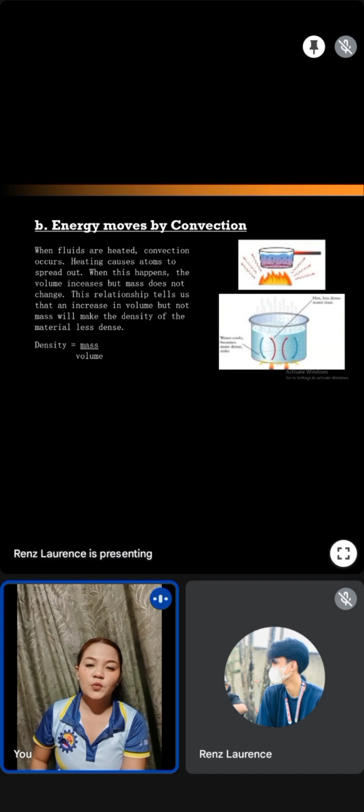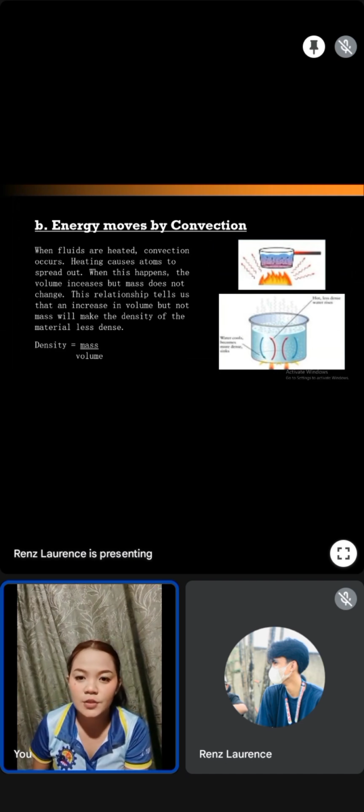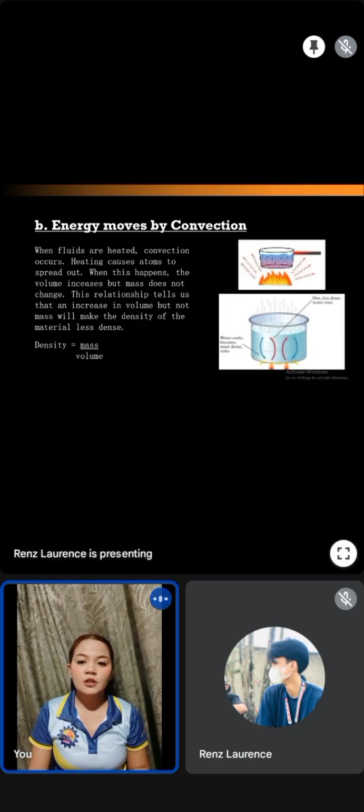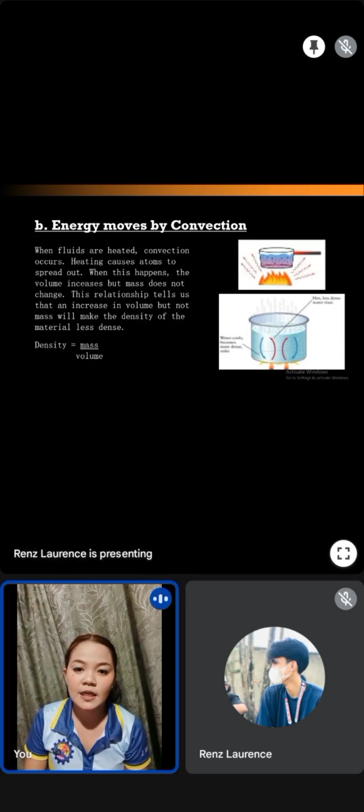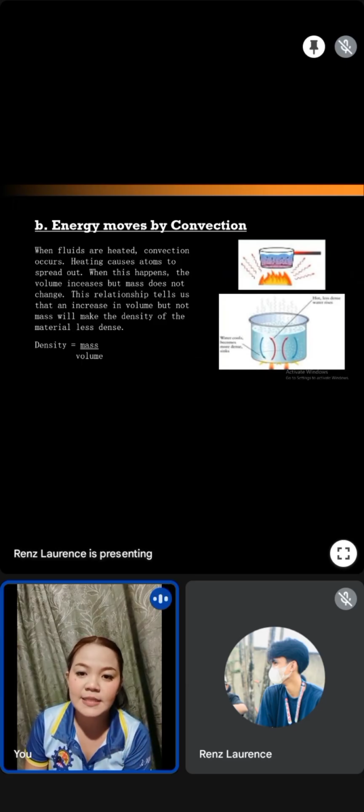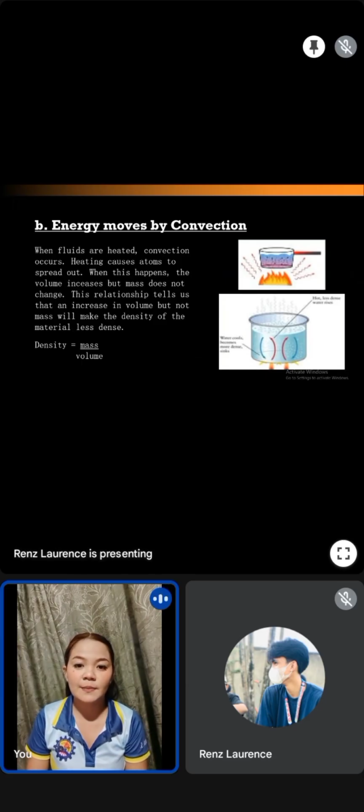So the energy moves by convection. We are done explaining this. When fluids are heated, convection occurs, like heating causes atoms to spread out. When this happens, the volume increases but the mass does not change. As what I've explained earlier, kato ang magpabukal og water, if you boil water, ang katong na-release nga gas, mao siya ang gitawag nato nga convection.